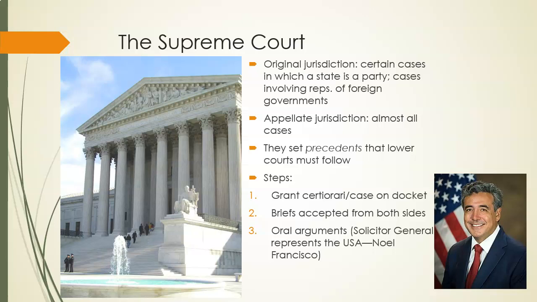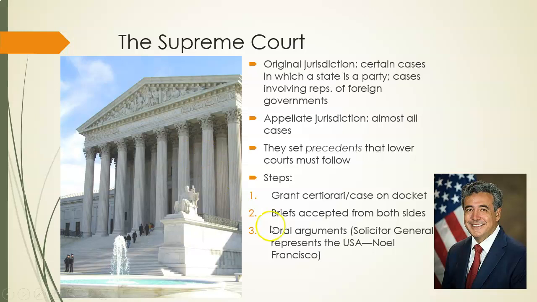And when the green light goes on your podium, you start saying to the justices, here's why you should decide in my client's favor. Now, during oral arguments, a lot of times they're interrupted by the judges, and the judges will ask questions. And court watchers always kind of look at and read between the lines on the judges' questions to try to figure out, how are they going to decide on this case?